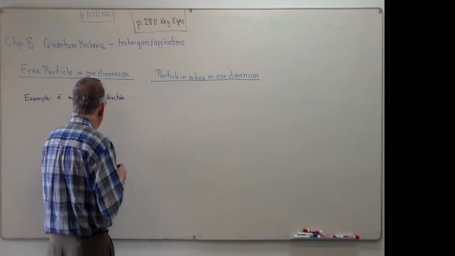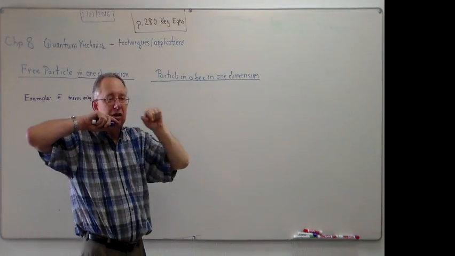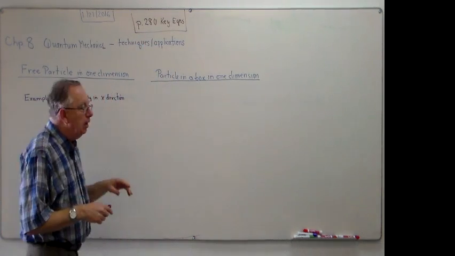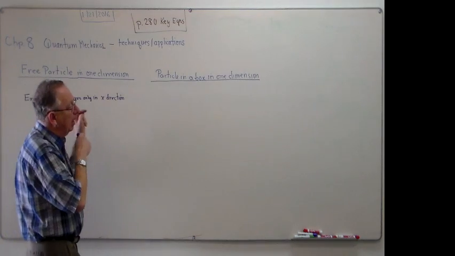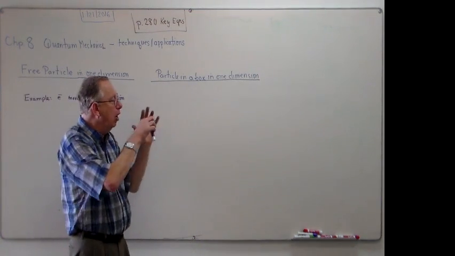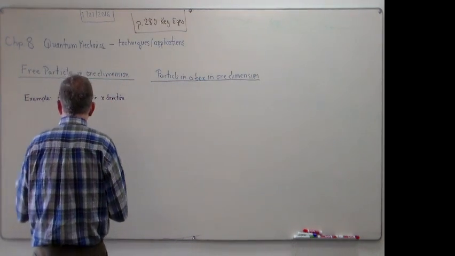And there are no barriers, there's nothing there. It could go in 3 dimensions, but to make things simpler, it's just a free electron. You can just imagine it could go this way or this way. There are no boundaries, no barriers, nothing.